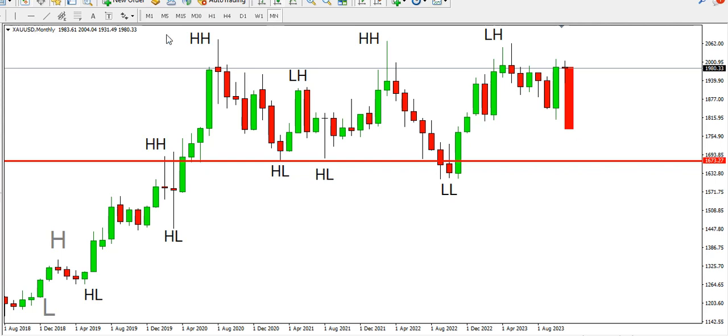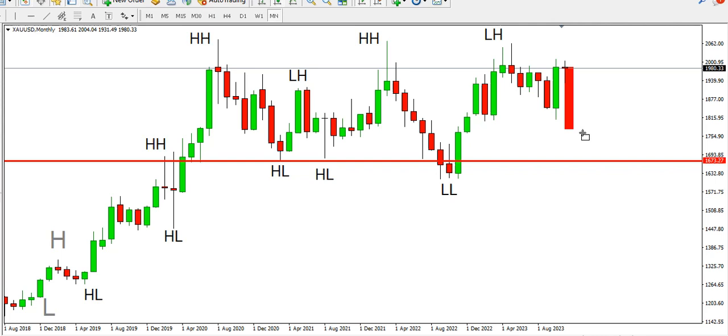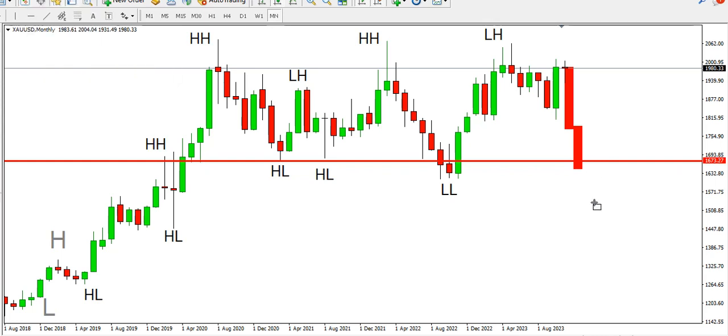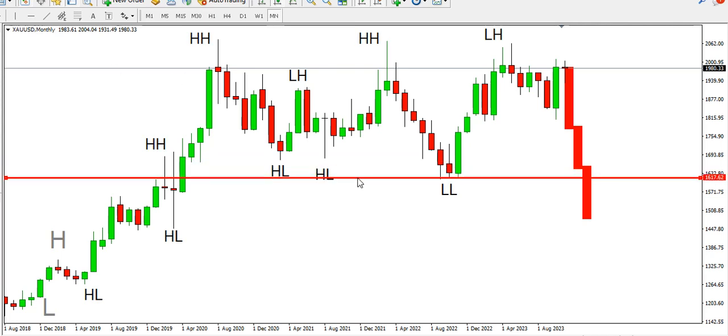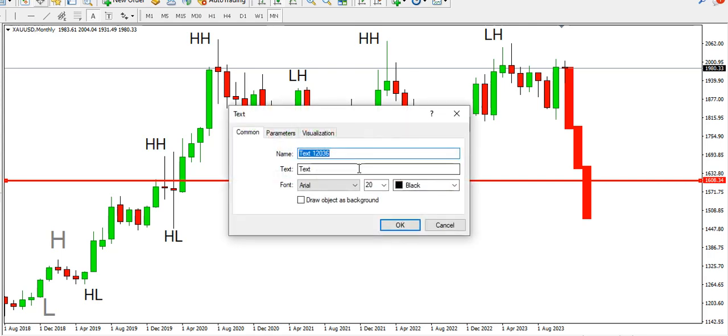And if the successive candle continues as a bearish candle, it still gives us a higher low, because no matter what, it has not dropped below this low. Until we have another monthly candle form and it drops below this very low, breaking that low, then we now have another lower high.